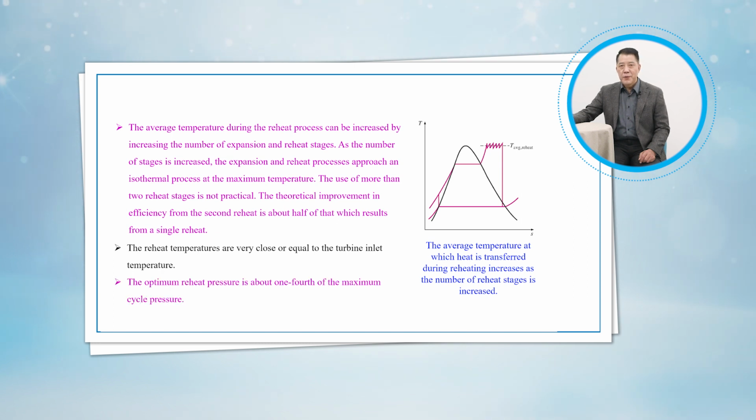The optimum reheat pressure is about 1/4 of the maximum cycle pressure. For example, the optimum reheat pressure for a cycle with a boiler pressure of 12 megapascal is about 3 megapascal.